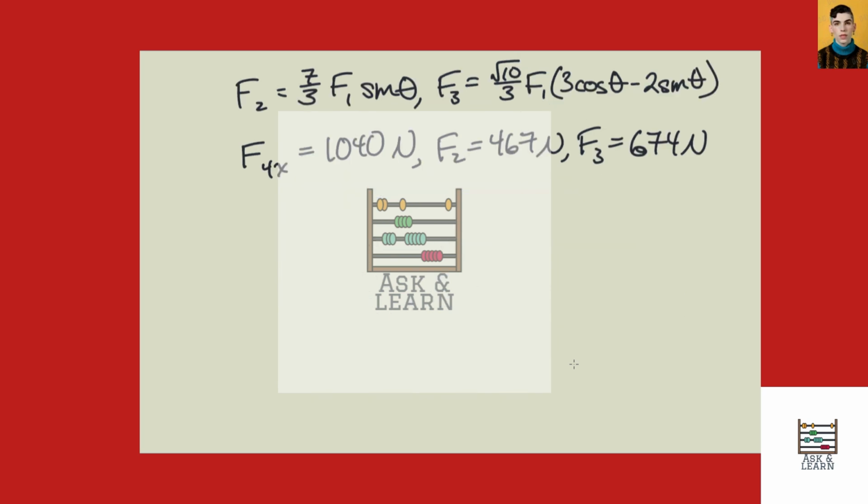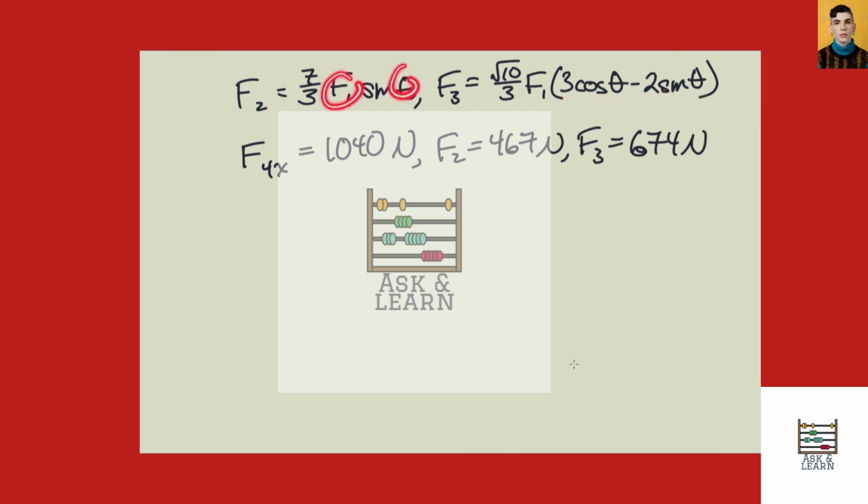The force in the one cable that goes from point A to B in the figure is 7/3 F1 times sine of theta, and the tension in the cable that goes from A to C in the figure is square root of 10/3 F1 times 3 cosine theta minus 2 sine theta.